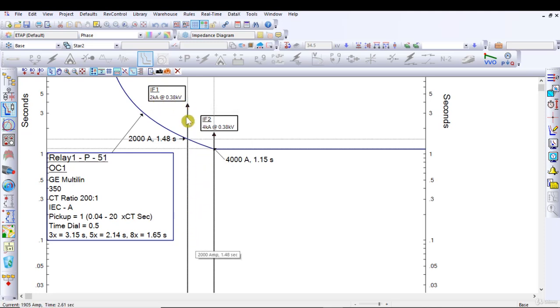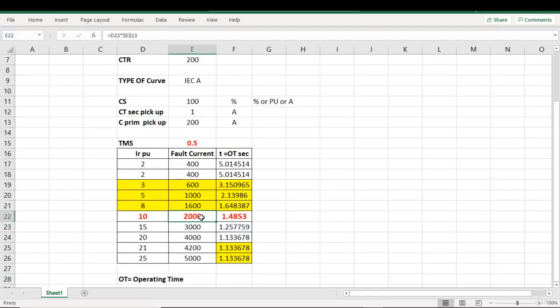When there is a fault of value 2 kiloampere, this relay will operate at 1.48 seconds. If the fault current value is 2 kiloampere or 2000 ampere, the operation time of the relay is 1.48 seconds, which is matching with the ETAP software.